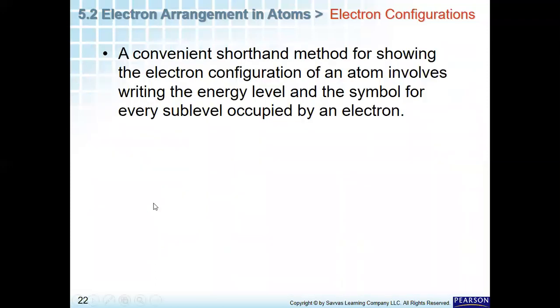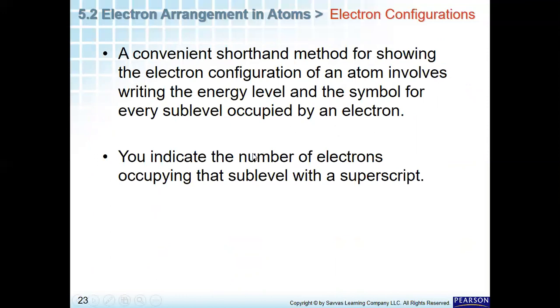So a convenient shorthand method for showing the electron configuration of an atom involves writing the energy level and the symbol for every sublevel occupied by an electron.